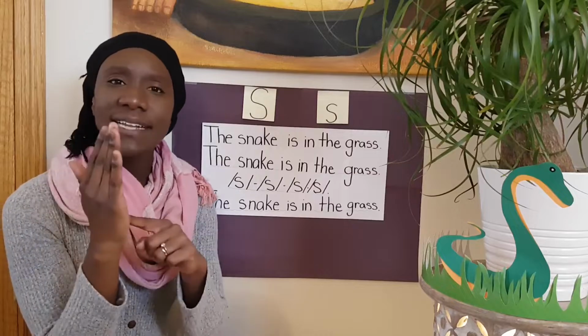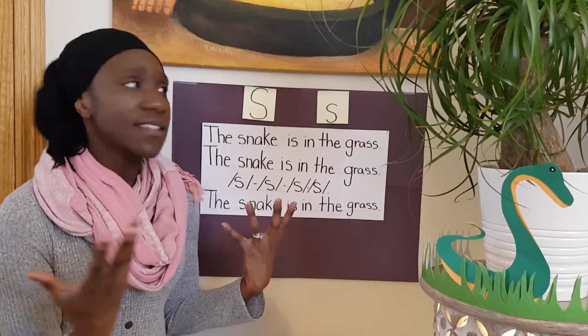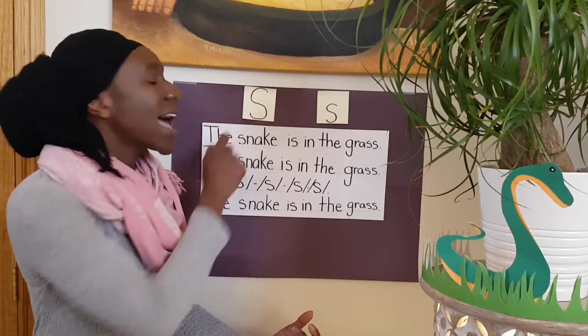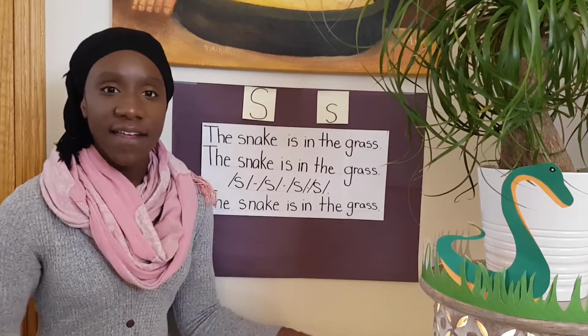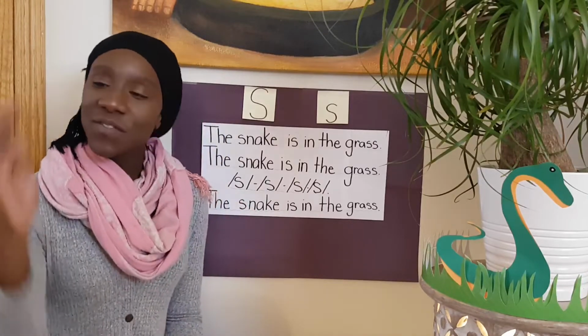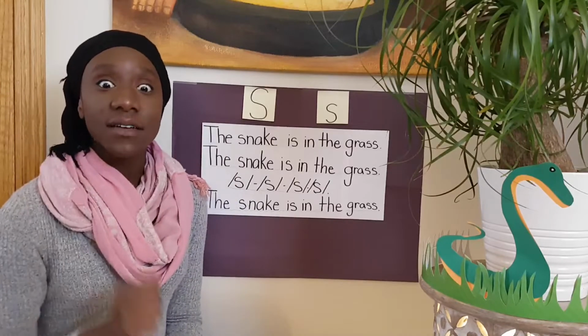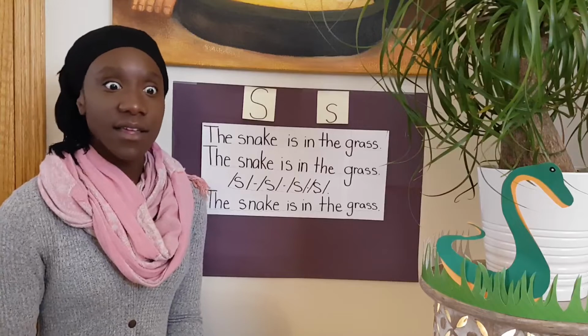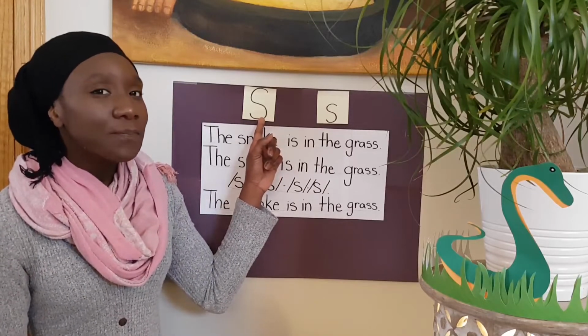Well, I'm pretending that my hand is a snake because sometimes snakes form their bodies like the letter S. And when snakes are speaking, they say S. So this action helps to remind us that S says S, and it looks kind of like a snake's body.